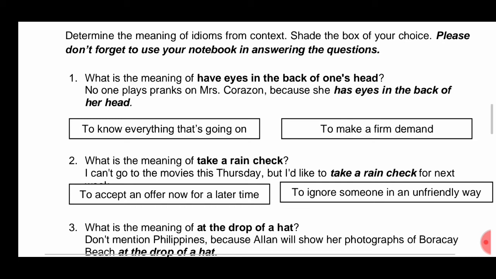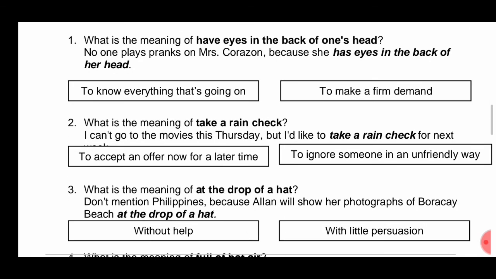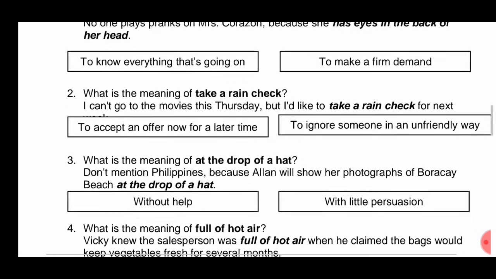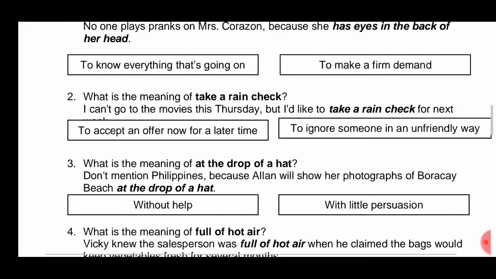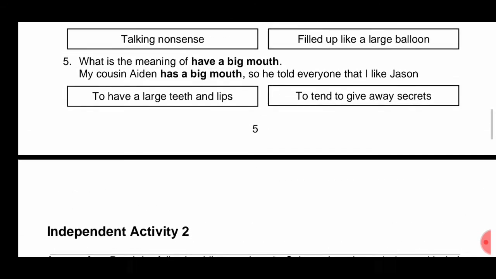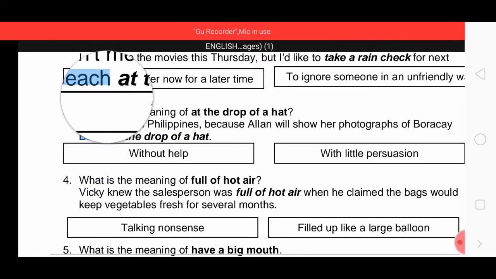So, ibig sabihin, merong nakakaalam or merong spy or merong magsasabi kung ano yung totoong nangyari. There's a certain person that will tell the truth what happened. That's why no one tries to play pranks on Mrs. Corazon. So the answer is to know everything that's going on. Then proceed to number 2, number 3, 4, and 5.